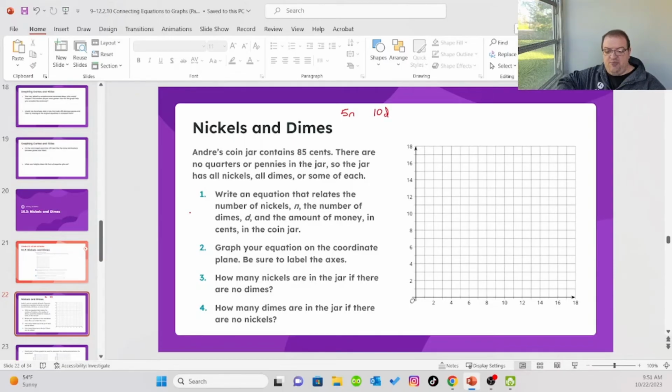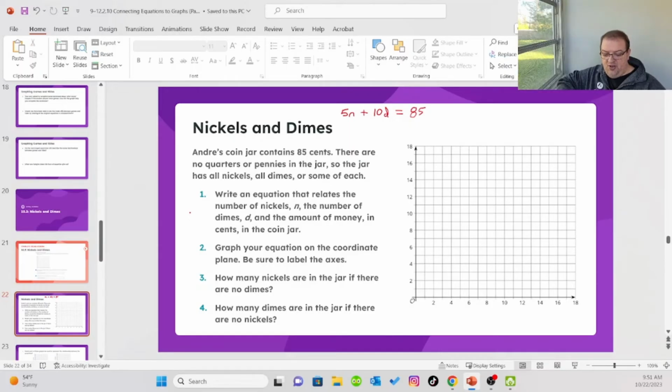So every time there's a dime, it needs to be multiplied by 10 cents. And we know that there's 85 cents total in the jar. We need to add the number of cents made from nickels to the number of cents made from dimes, and that will equal the total 85 cents that are in the jar.